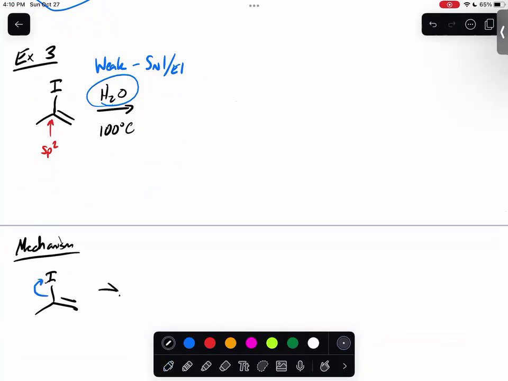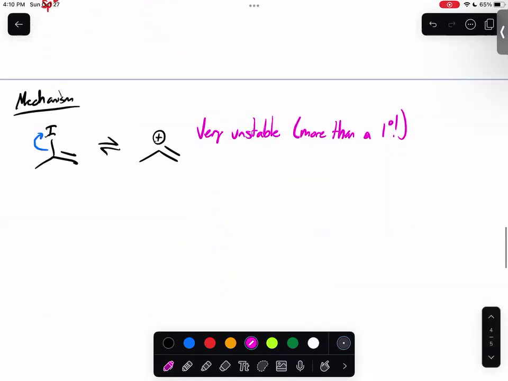From here, we would generate a carbocation. But this guy is surprisingly very, very unstable, even more unstable than a primary carbocation. And as we know, you can't do SN1 or E1 on a primary carbocation. So why is this less stable than a primary carbocation?